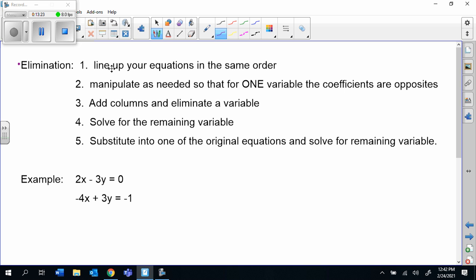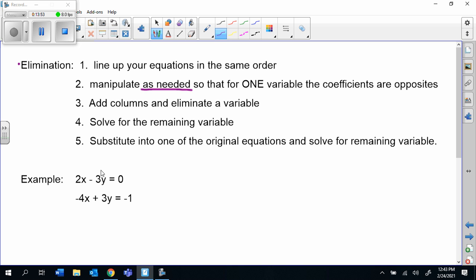So line up your equations in the same order. Look down here. I see how I have my x's, and then my y's, and then my equals, and then my constants. So that's all that means. Manipulate as needed. This is key, because every problem's going to have a little different vibe to it. So that for one variable only, the coefficients are opposites.